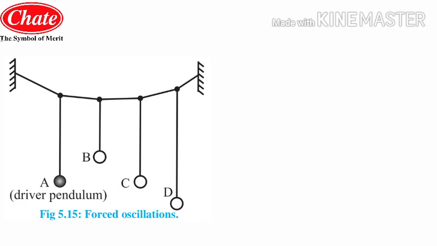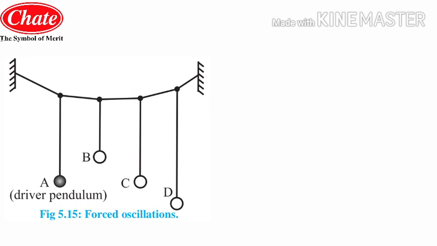Pendulum A has a solid rubber ball as its bob and will act as the driver pendulum or source pendulum. The other 3 pendula have hollow rubber balls as their bobs and will act as the driven pendula. Students, keep in mind that pendulum A is the driver pendulum and the others are the driven pendula.